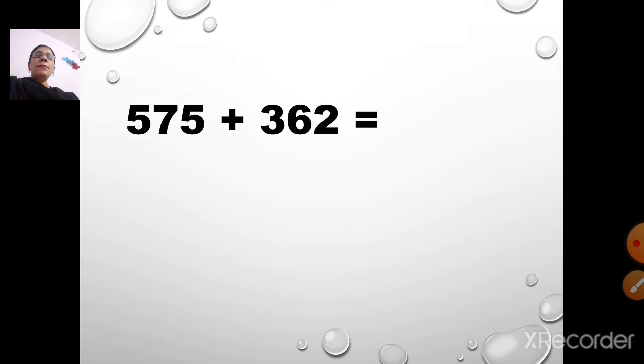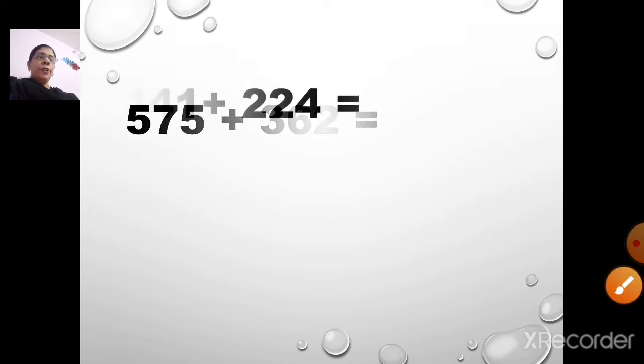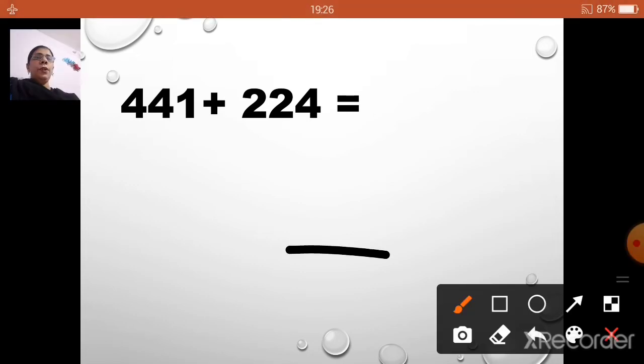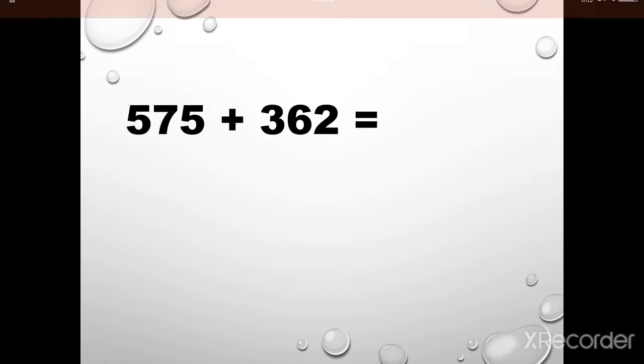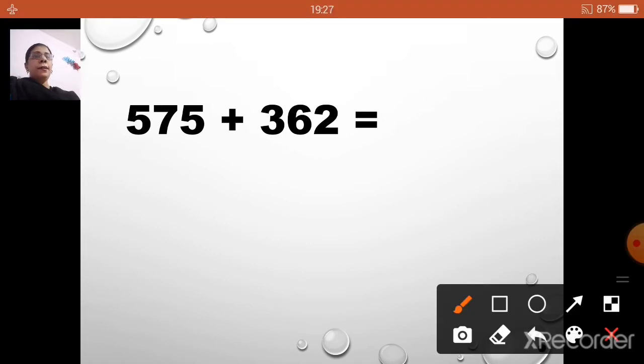575 plus 362. Now how did the teacher tell you to add? You are going to add units with units, tens with tens and hundreds with hundreds. So let us add this.